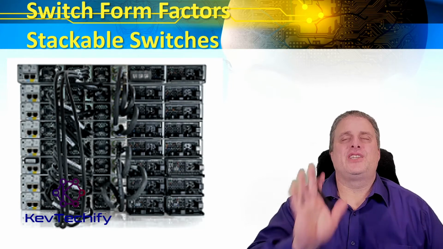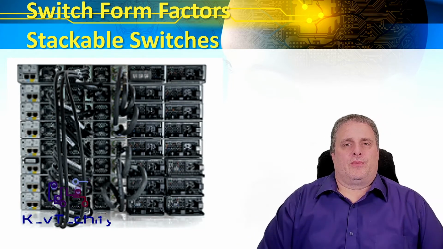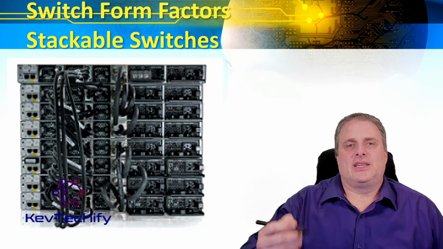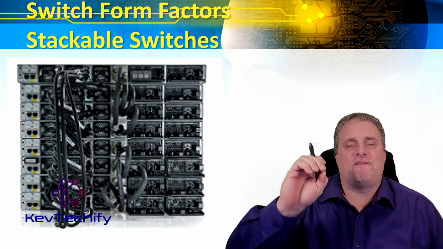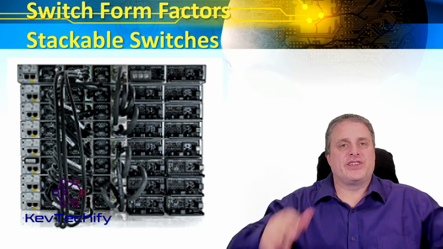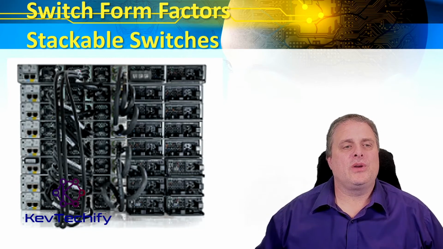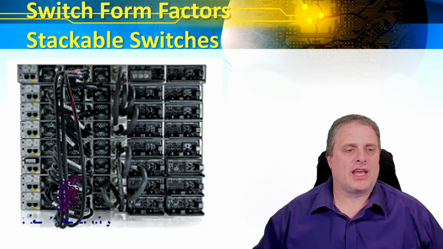And one of the biggest changes in the last couple of years is stackable switches. What this is, you buy a fixed form factor switch, and then you can stack them on each other, and with cables in the back you can connect them up. And you can see that there's cables connecting.